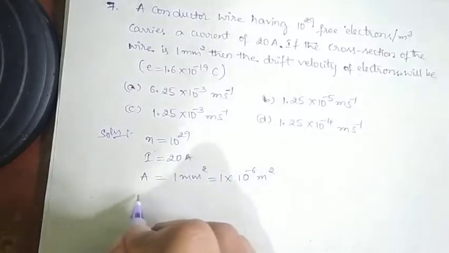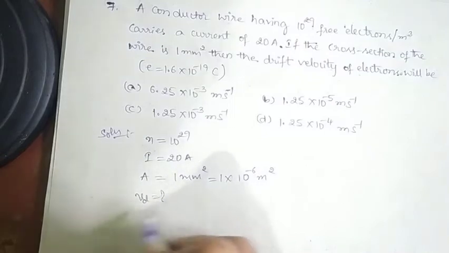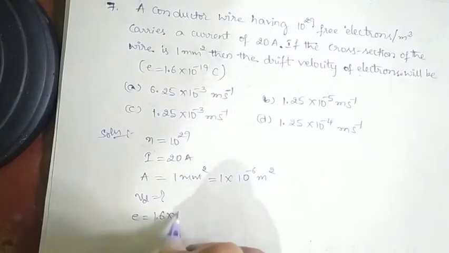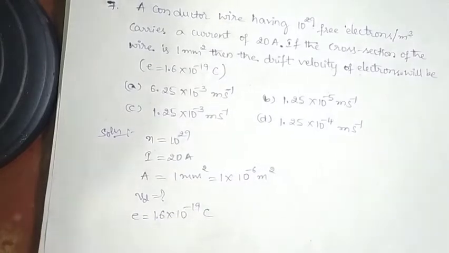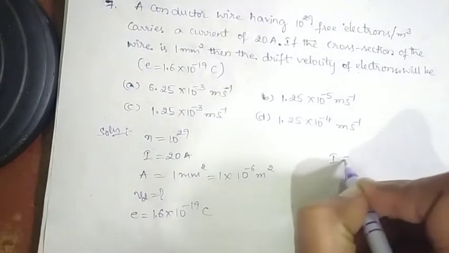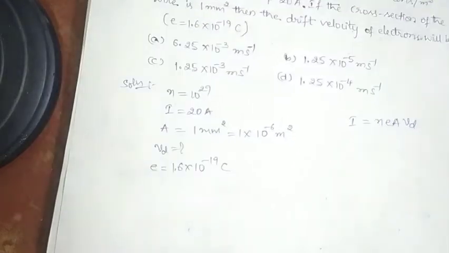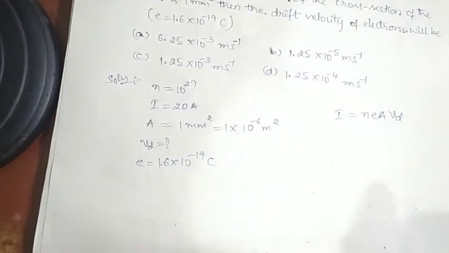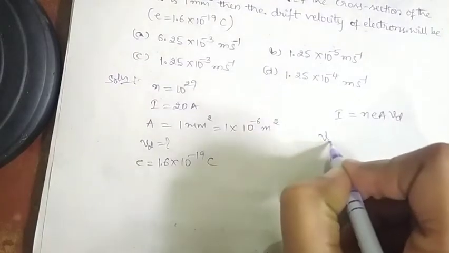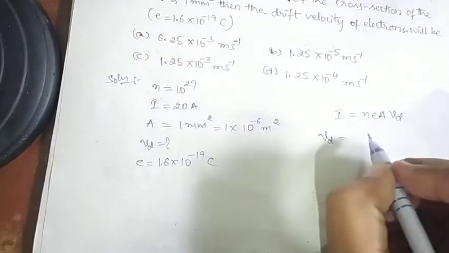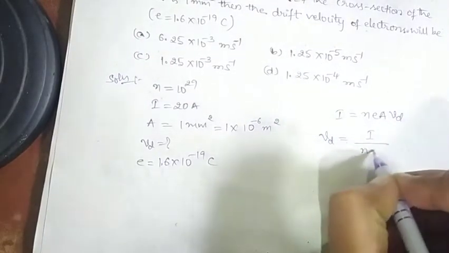We have to find the drift velocity, given that e equals 1.6 into 10 power minus 19 coulomb. We know that I equals N e A Vd. To find Vd, the drift velocity, Vd equals I divided by N e A.